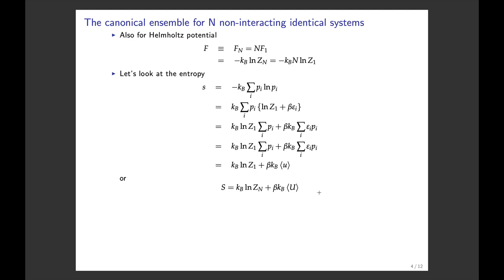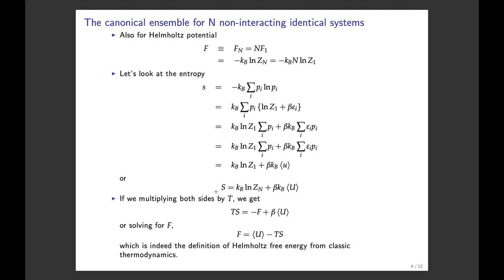That's a nice form to write down the entropy, because we can multiply this equation on both sides by temperature T, and what we see is that T times S is minus F, the Helmholtz free energy, plus the expectation of large U. Or if we solve this for the free energy, we have F equals the expectation of large U minus TS.